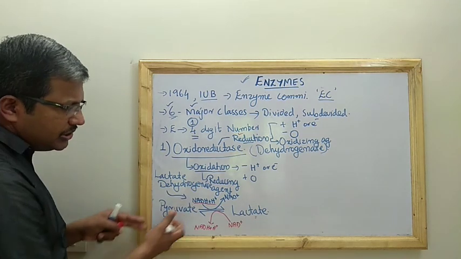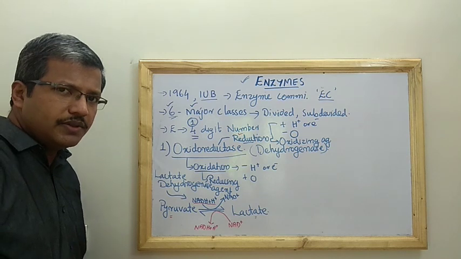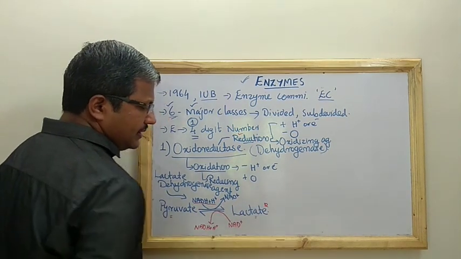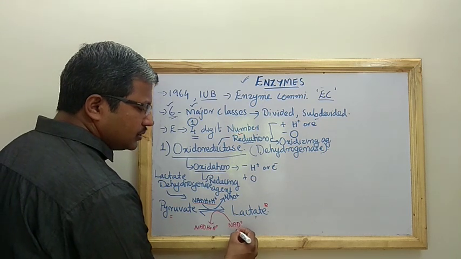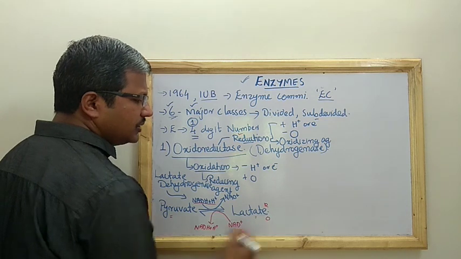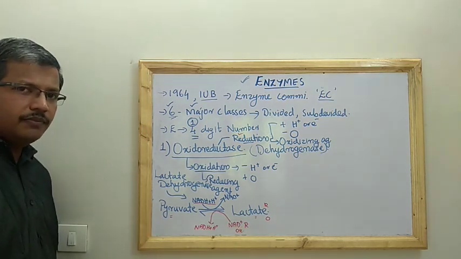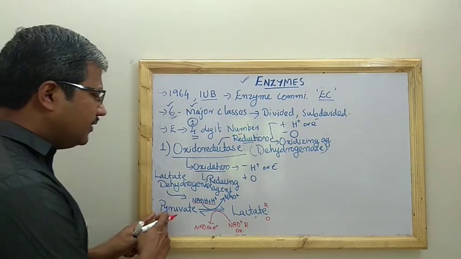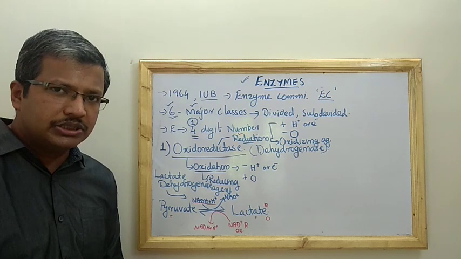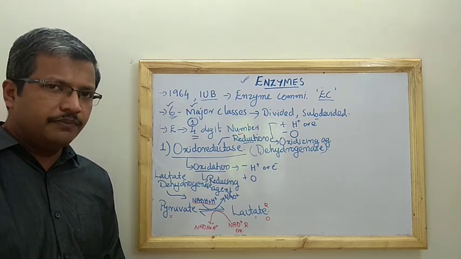Now in the opposite reaction, who is the oxidizing agent and who is the reducing agent? This one is the reducing agent and this one is the oxidizing agent. This one is undergoing oxidation and this one is undergoing reduction. So in the forward reaction where pyruvate is converted into lactate, pyruvate is the oxidizing agent and undergoes reduction.